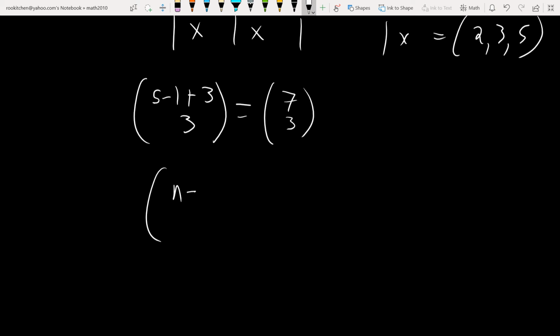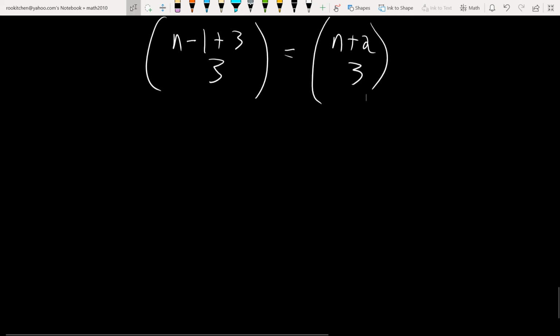And then for the slashes, we subtract 1. And then plus 3 because it's an ordered triple, and then choosing 3. The book or the exercises in the software may ask you to get an actual expression for this. So n minus 1 plus 3 is n plus 2. Choose 3.